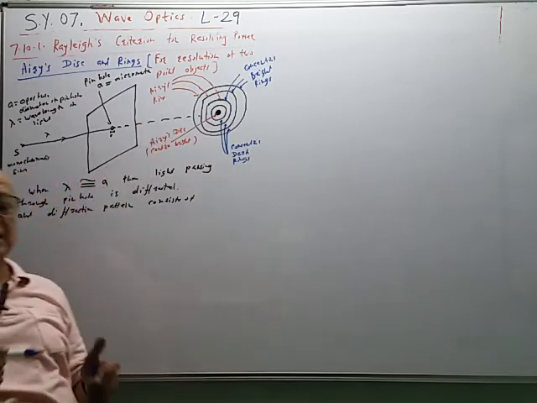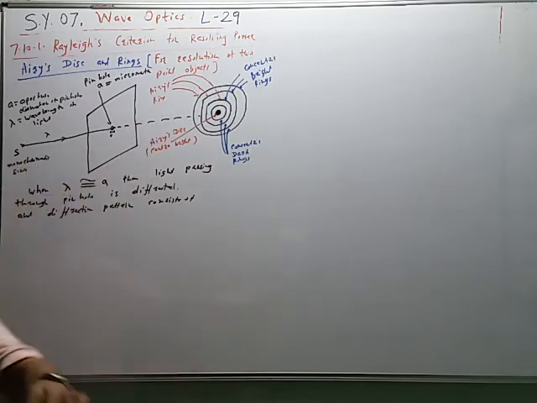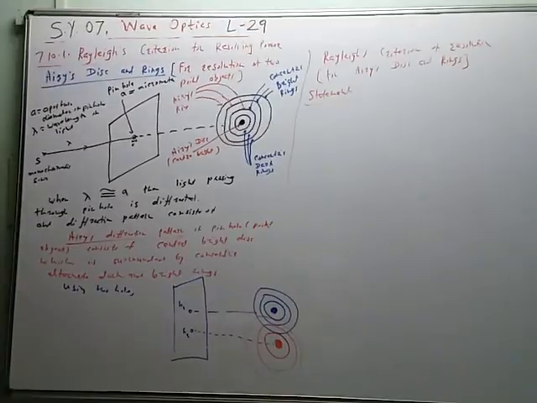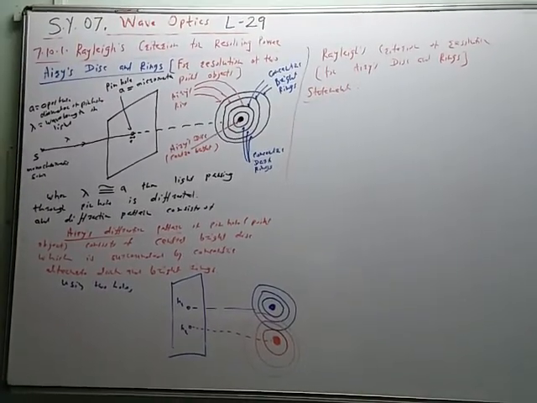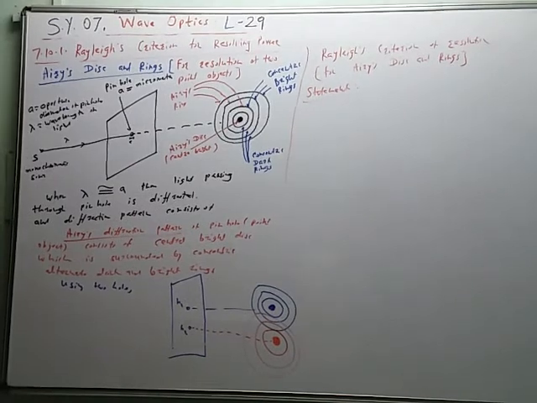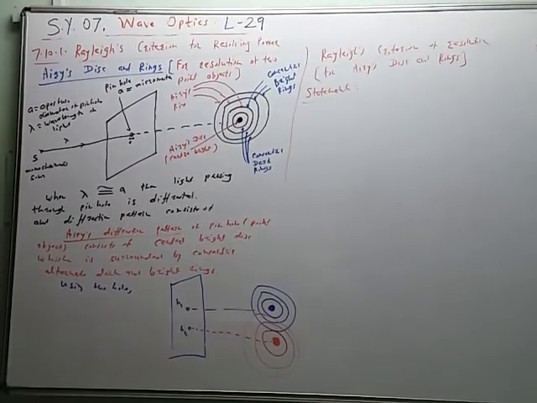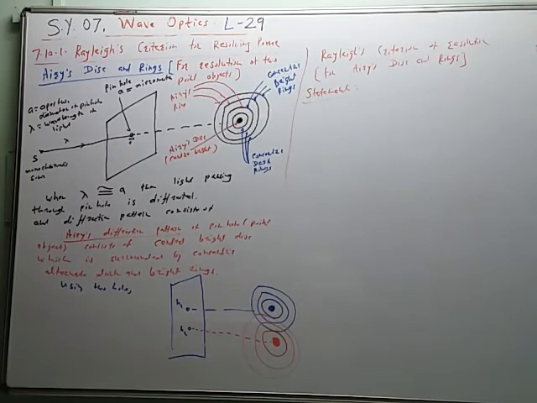So this is called an Airy disc pattern, like this. So this figure shows the Airy disc and ring pattern due to a single pinhole, whose diameter is of the order of micrometer, so lambda is comparable with A.